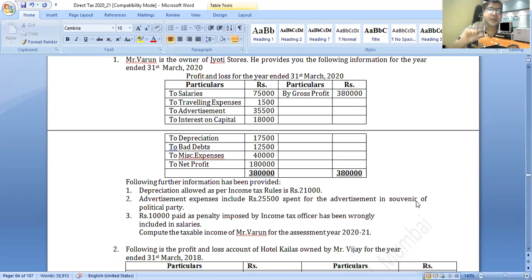The political party's booklet they publish, and for that purpose they spend rupees 25,500, and this particular amount is included in the advertisement expenses. It means from this 35,500, 25,500, this particular portion is not a business expense. So we will add it to the net profit.